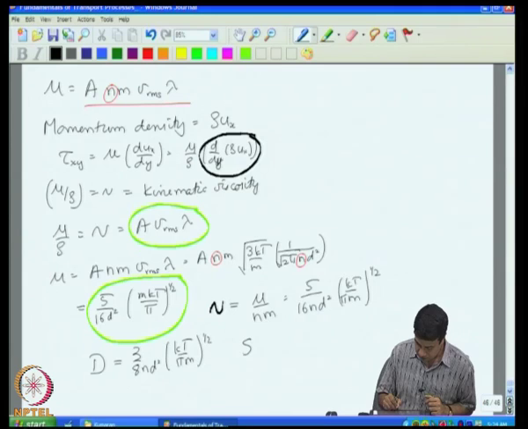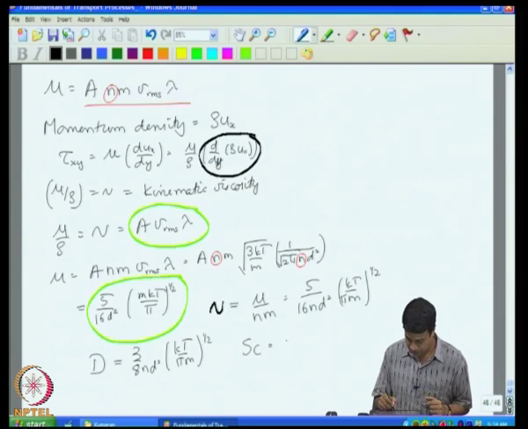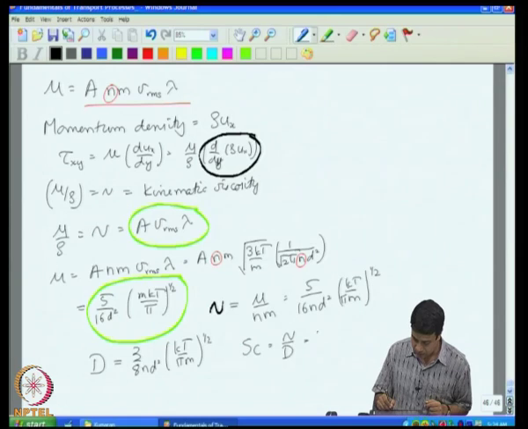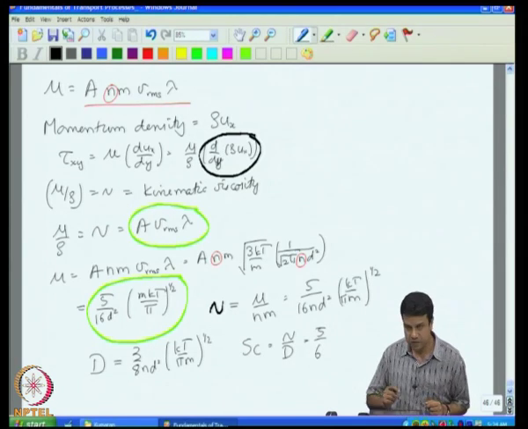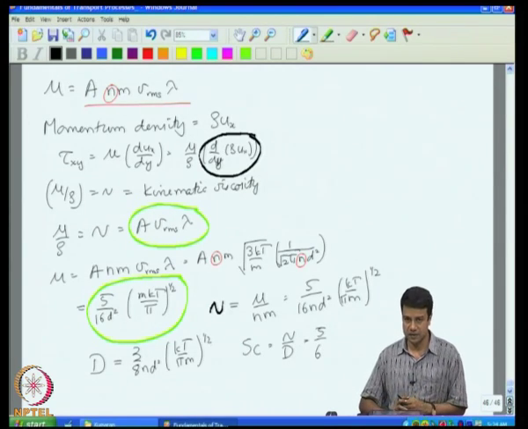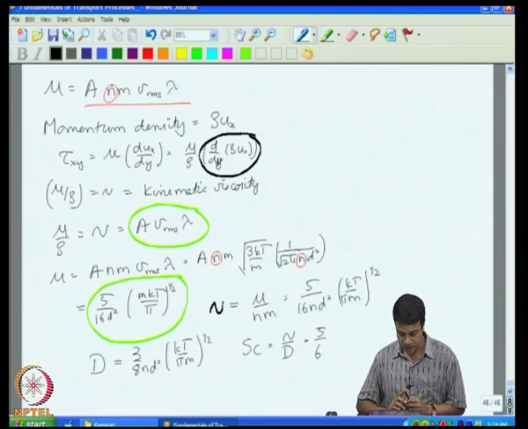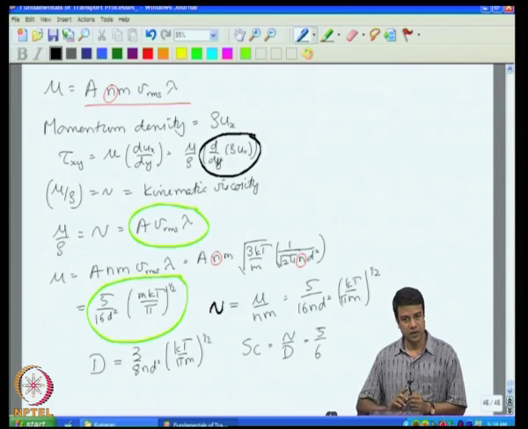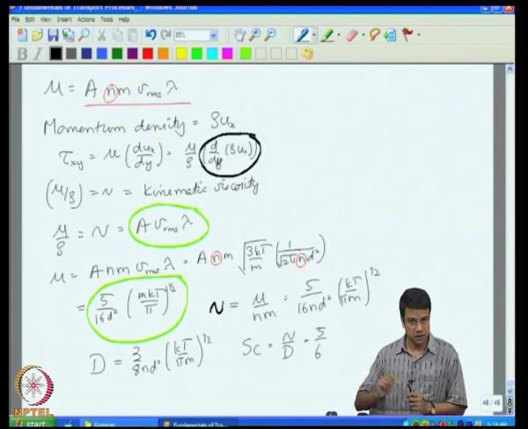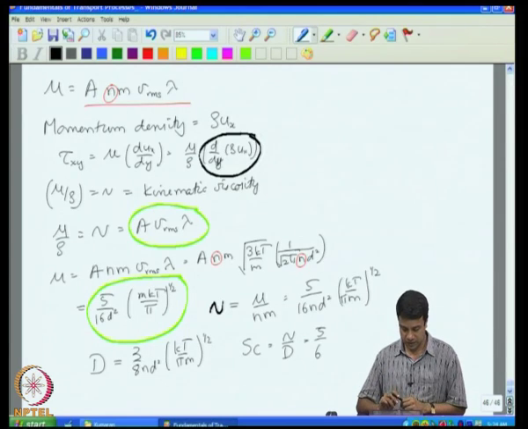The Schmidt number is equal to nu by D, which is equal to 5 by 6 for dilute monatomic gases. Because the mechanisms of mass and momentum transfer in gases are the same, both requiring the physical transport of molecules across a surface, the diffusivities that you get will also be the same.